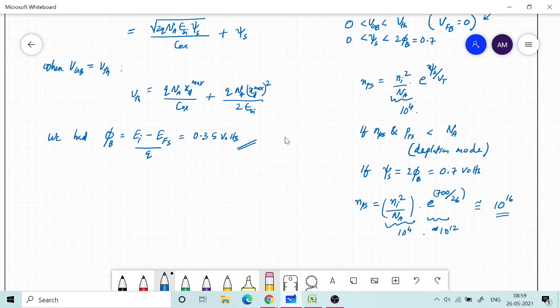So this condition is no longer true. This condition for depletion mode will no longer remain true if my NPS becomes larger than Na. And that charge we have not taken into account in the derivation. We have only taken into account the immobile charges due to the acceptor ions.